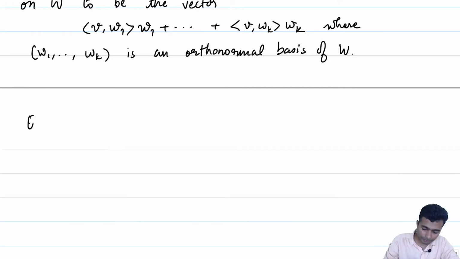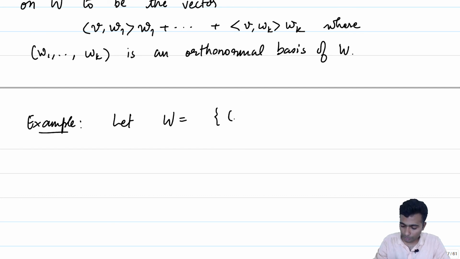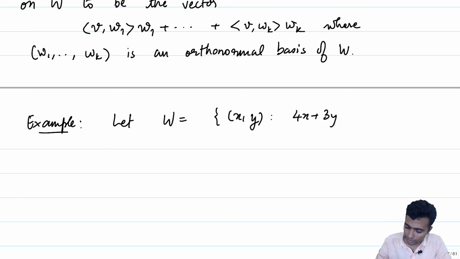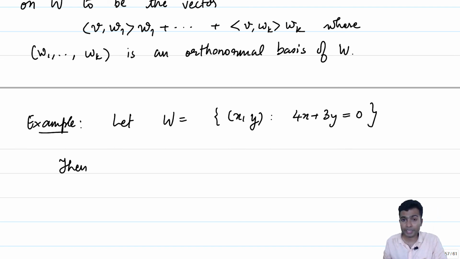Example: let W be equal to the same example as above, the set of x comma y such that 4x plus 3y is equal to 0. And what is a basis of W? Then a basis was given by minus 3 by 5 and 4 by 5.